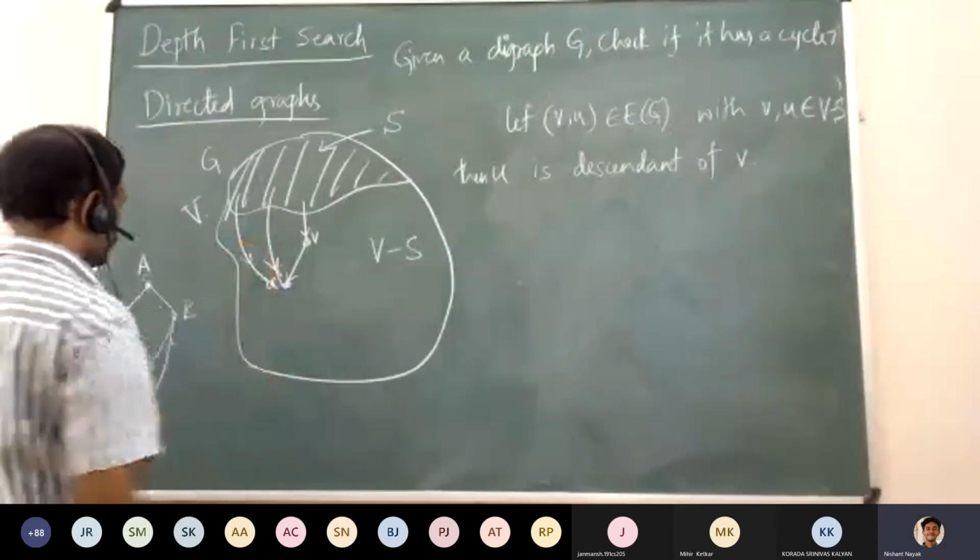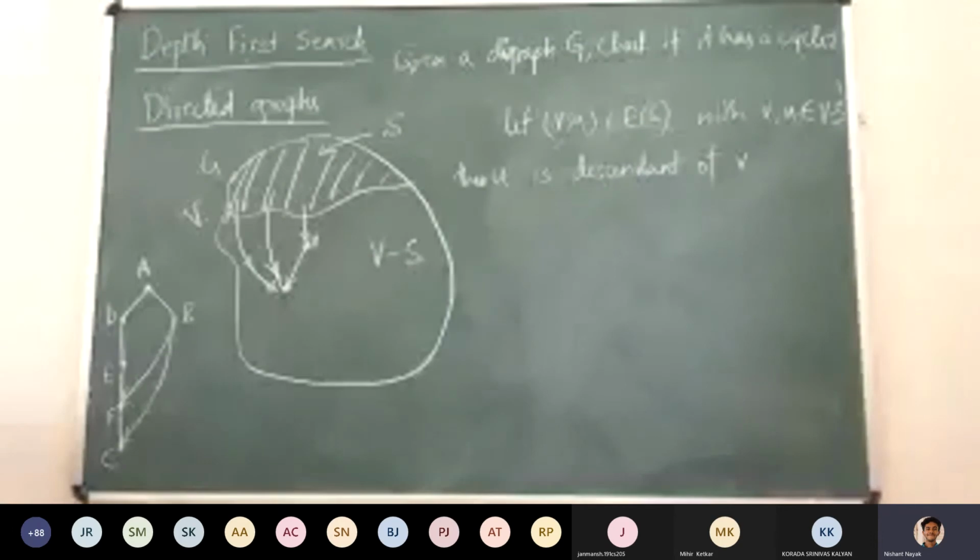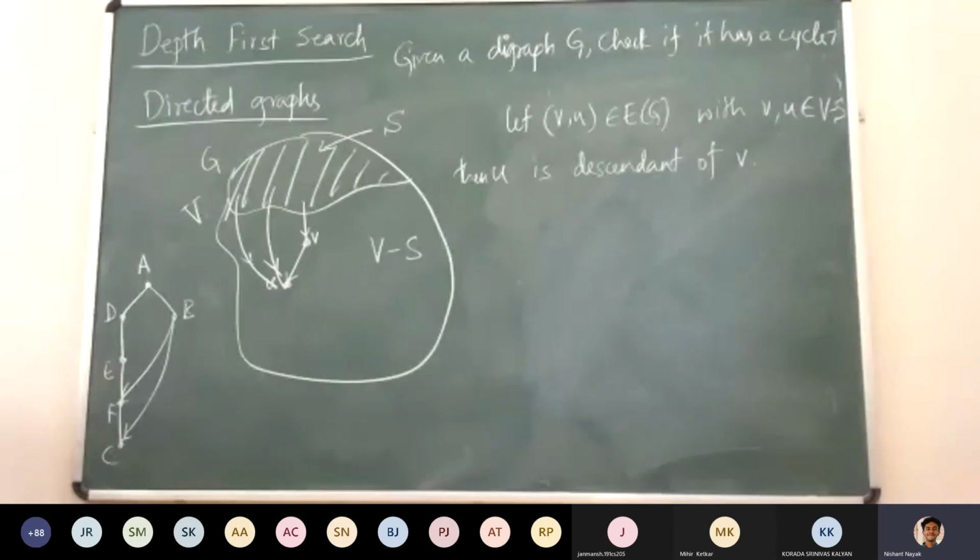But the thing is, if there exists an edge from V to U, then DFS won't backtrack back into S, and so it will have to follow that path because U is still undiscovered. That's a nice thing, right?